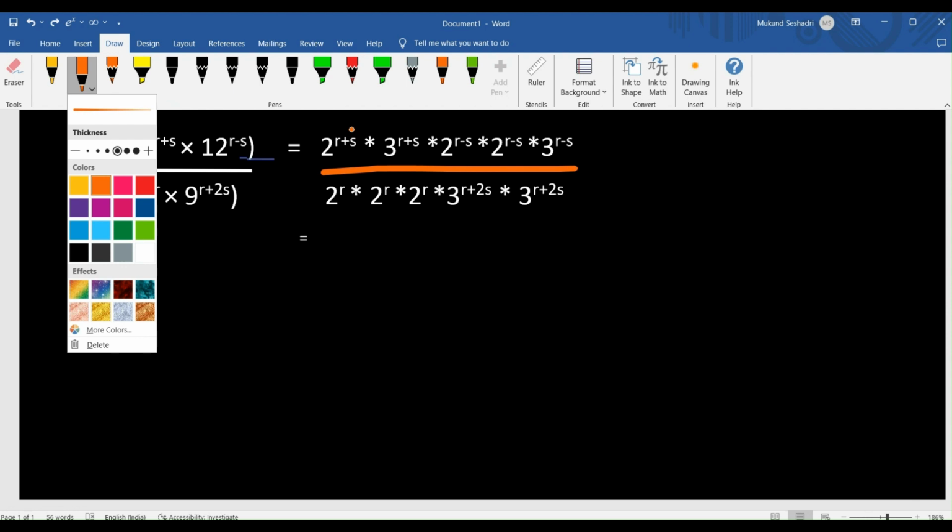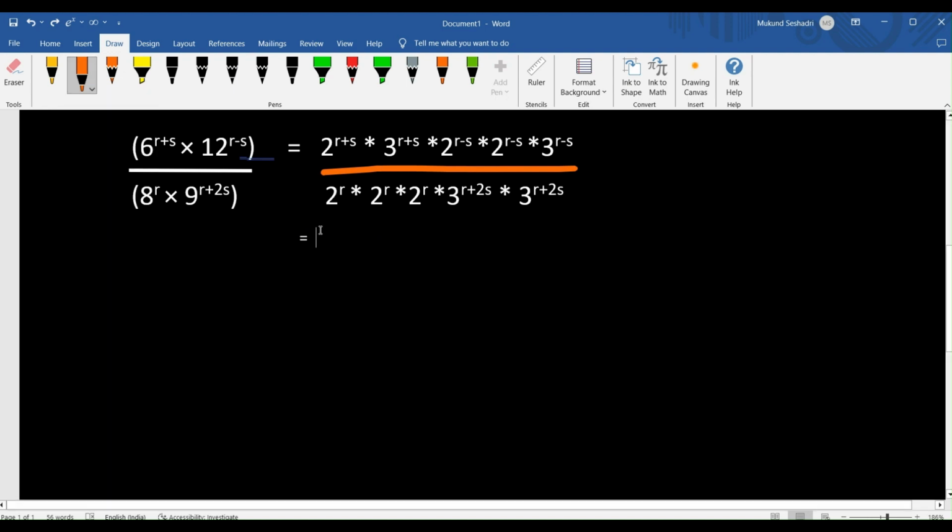So which leaves me with 2 to the power r plus s plus r minus s plus r minus s, which means that I'm left with 2 to the power 3r, and you have s minus s minus s, which becomes minus s, right?